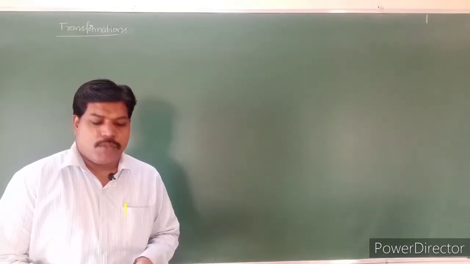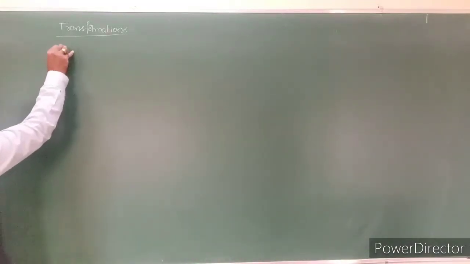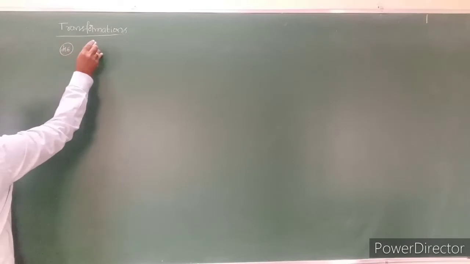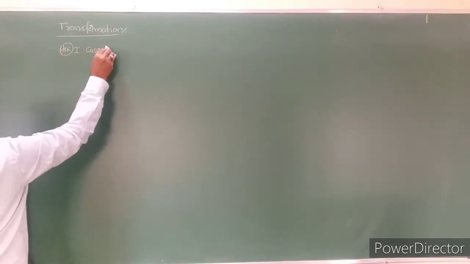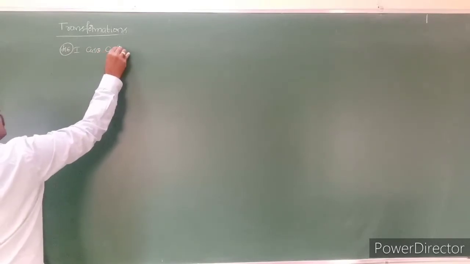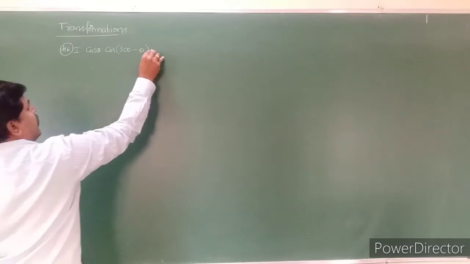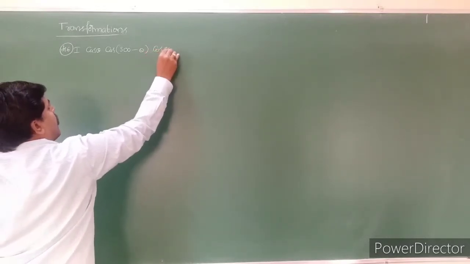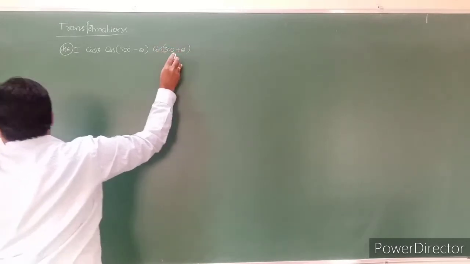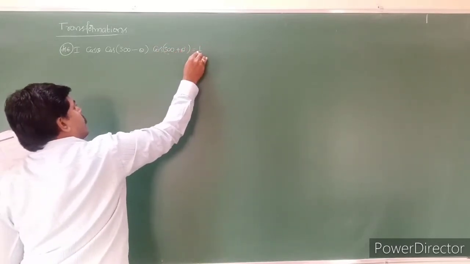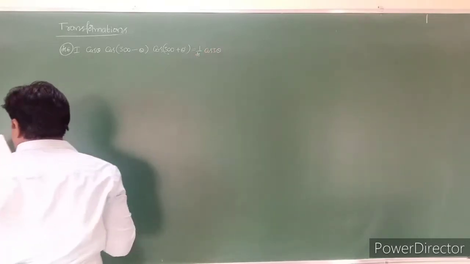So see the question number 46. In this question they have given two statements. See that question, students. The first statement is cos theta cos(300 minus theta) into cos(300 plus theta) is equal to 1 by 4 into cos 3 theta.